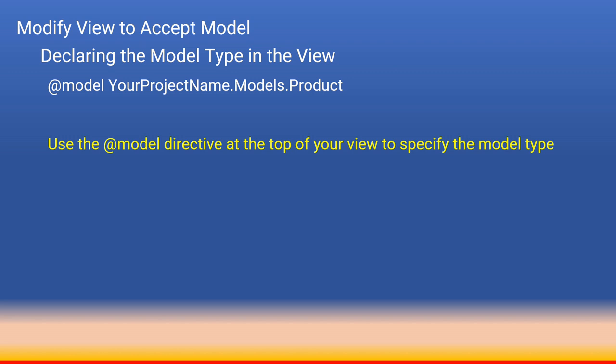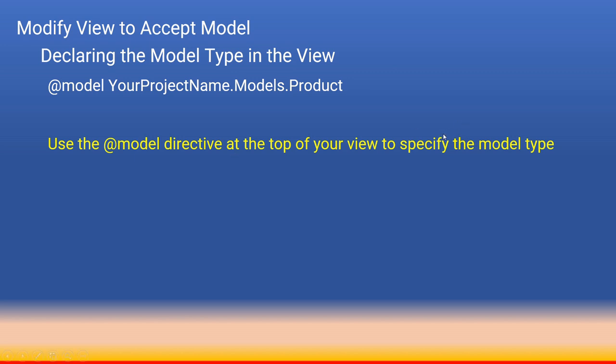Open the Index.cshtml file and add the following line at the very top: @model YourProjectName.Models.Product. Replace YourProjectName with the actual name of your project.